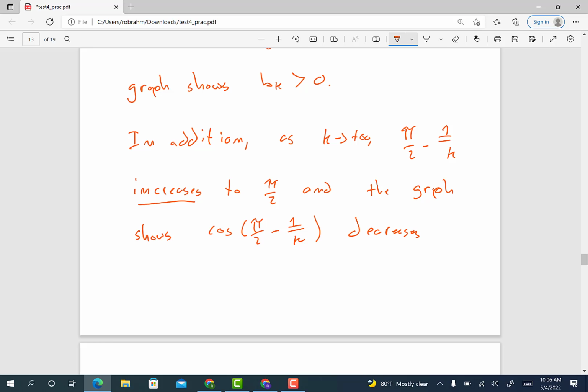So it's decreasing, which is one thing that you have to show in the alternating series test, and it decreases to 0, which is the other thing you have to show.